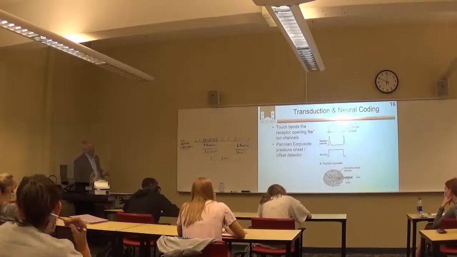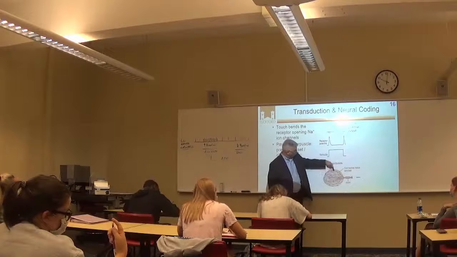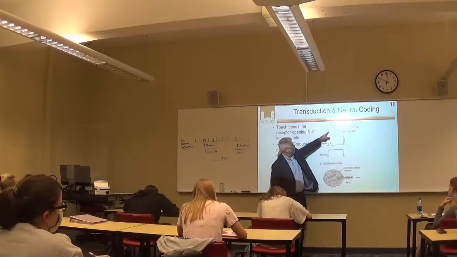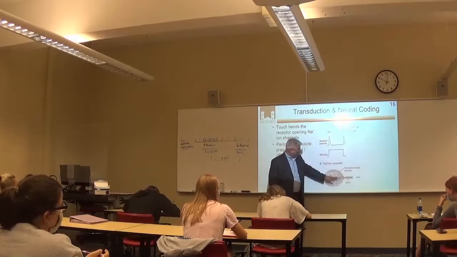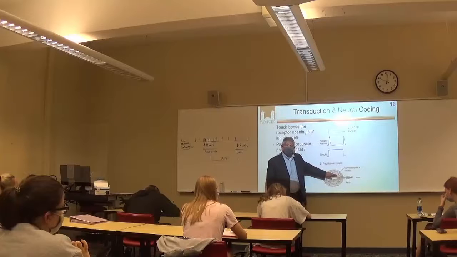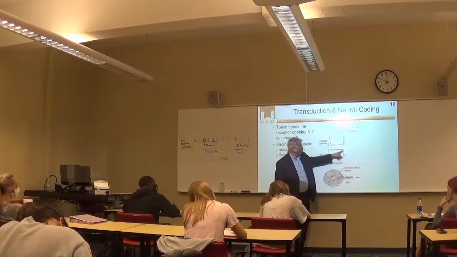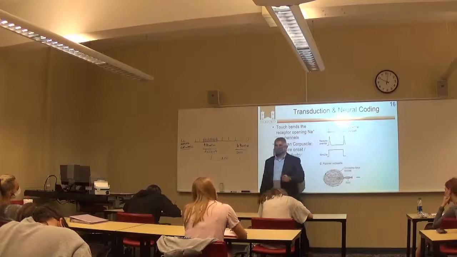Because of the way this onion-like structure works, when we first apply pressure, this neuron bends and sends action potentials, but then as the pressure stays constant, these layers kind of absorb it, and it stops bending and stops sending a signal. And then when the pressure is removed, it bends in the other direction and sends another signal.